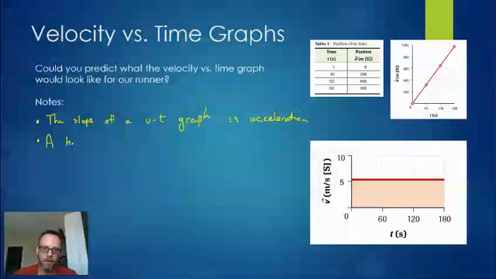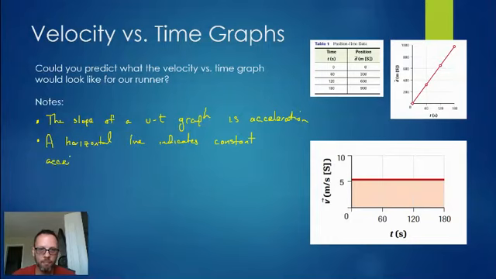A horizontal slope or a horizontal line indicates a constant acceleration of 0. And we'll talk about the units of acceleration more. I'll just say meters per second here.